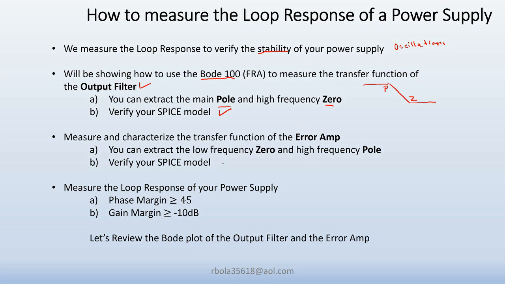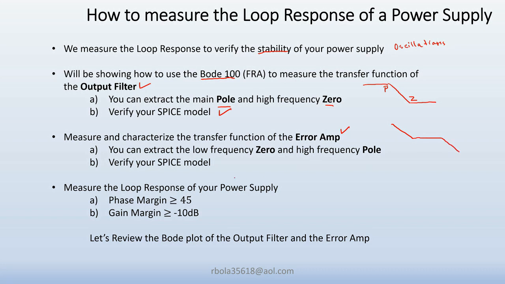Then we're also going to measure the transfer function of the error amp, and we should get something like this. We'll have an integrator function, and then it breaks to a horizontal, and then it breaks down like that.